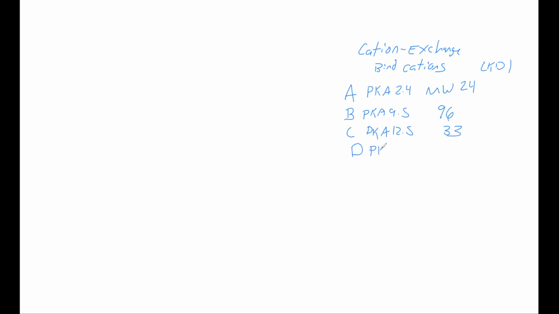D, pKa 10.6, weight of 17. Now, the weights in this problem aren't used. They're just there to throw you off and make sure that you actually know what cation exchange is. So they're completely meaningless in this problem. All we care about are pKa's.